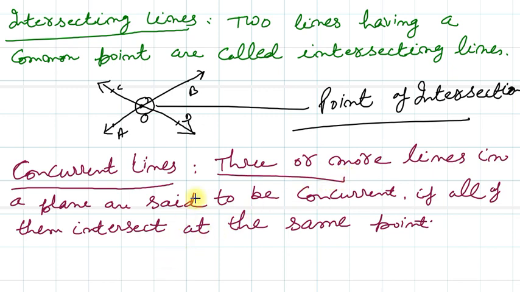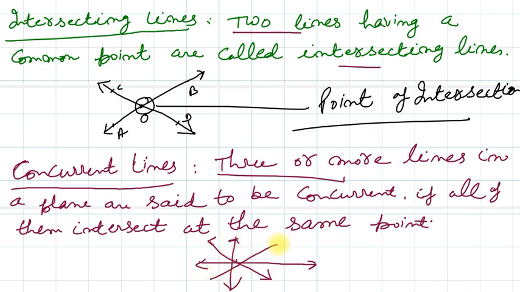When two lines have a common point, they are called intersecting lines. When three or more lines in a plane all intersect at the same point, they are said to be concurrent. So if I draw this line, these all are intersecting at a common point P. So these are concurrent lines.